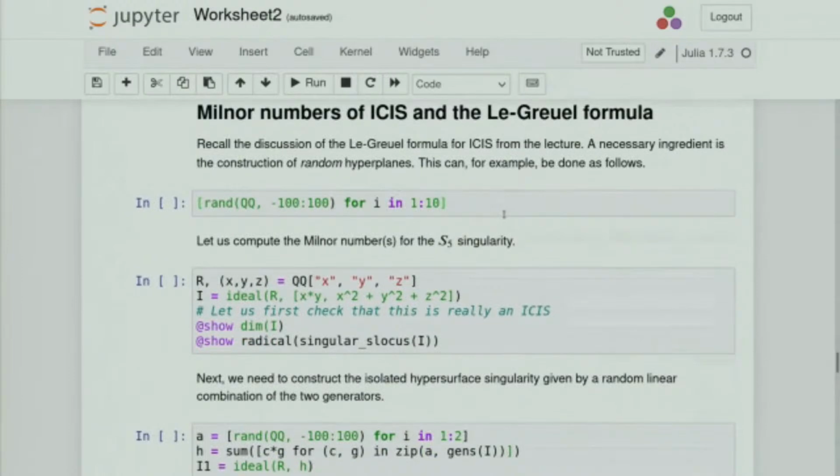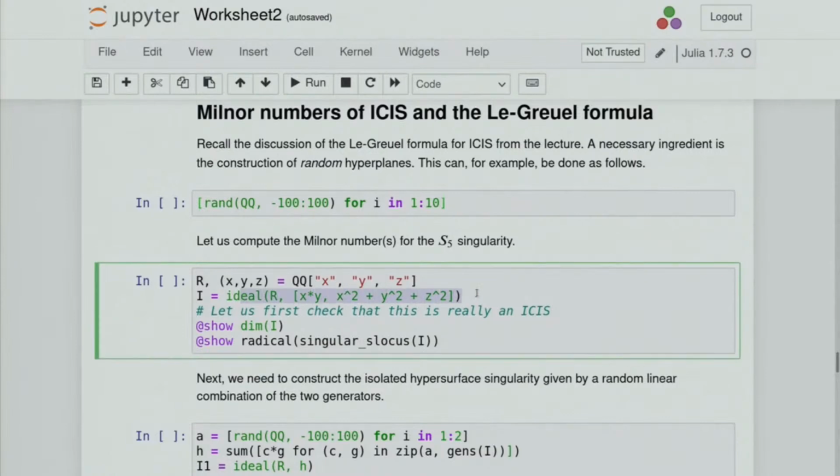So let's try to carry out this example from the slides. I should maybe say Le is written with a hat on the E, but I didn't find that hat. Apart from that, you will see the equations from the slides here for this ideal.